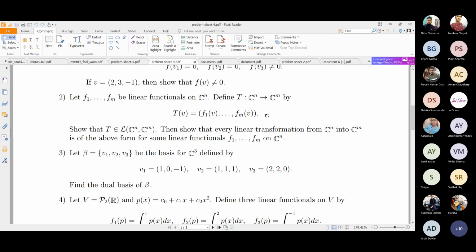So one way can be like this: if T is a linear transformation from Cn to Cm, then T can be represented by a matrix whose order is m by n. So you can write Tv equal to Av, where the order of the matrix A would be m by n.